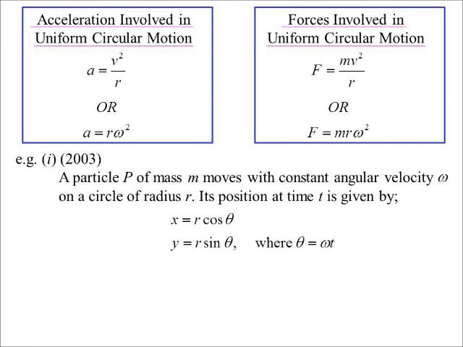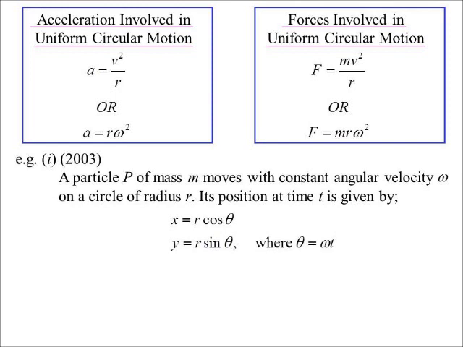I said they wouldn't ask you to derive it the way I just did it. Here's how you would probably derive it. I'll take the 2003 question. So particle, constant angular velocity, they've given us angular velocity of omega. And then they've broken up the components into horizontal and vertical, just like we would with projectile motion. So the horizontal displacement, r cos theta, y is r sine theta, which really is just the parametric coordinates of a circle.